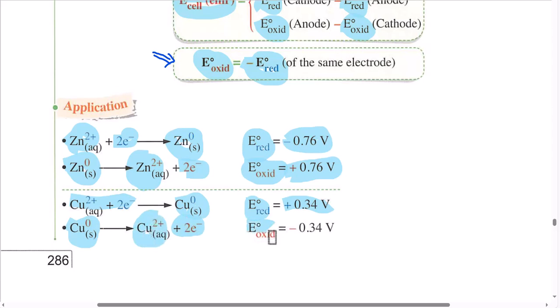So this is an oxidation potential of copper, which equals minus 0.34 volt. So the oxidation potential of copper has the negative of the same value as the reduction potential of copper. The reduction potential is positive 0.34, and the oxidation potential of the same electrode is the negative of the value of its reduction potential.